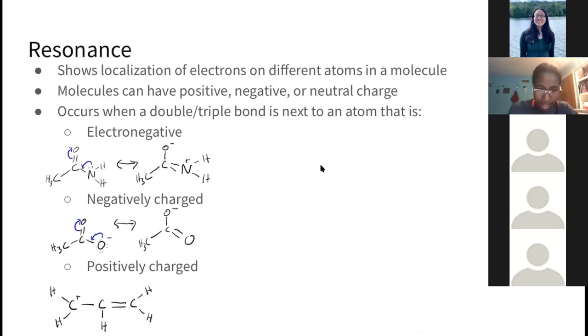And lastly, let's do a positive resonance structure. So this is kind of the same idea as a negatively charged resonance structure in that we are trying to relieve a deficiency of electrons. Let me go ahead and draw it out.